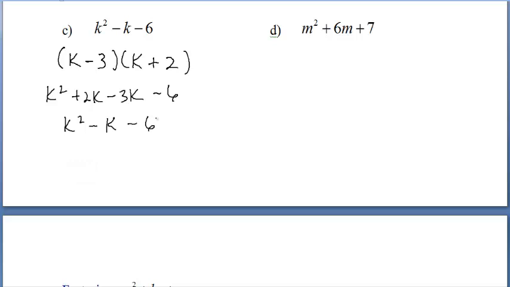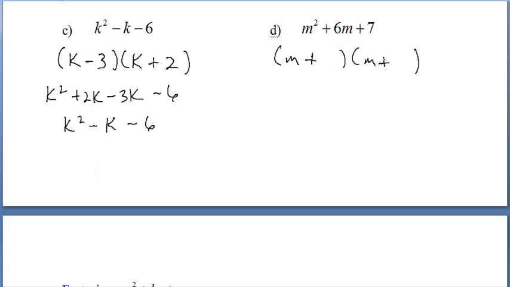Our last example, m squared plus 6m plus 7. The GCF for this polynomial is 1, so we move to our second step. And we write our pair of parentheses. And since our last term has a sign that's positive, we know our signs have to be the same. And since our middle term has a sign that's positive, that means that both of these would be positive.